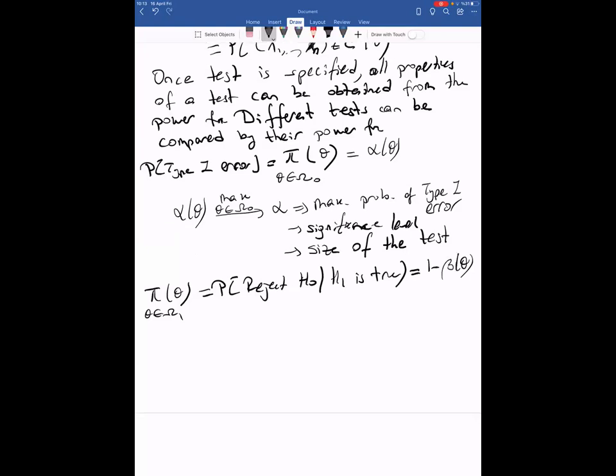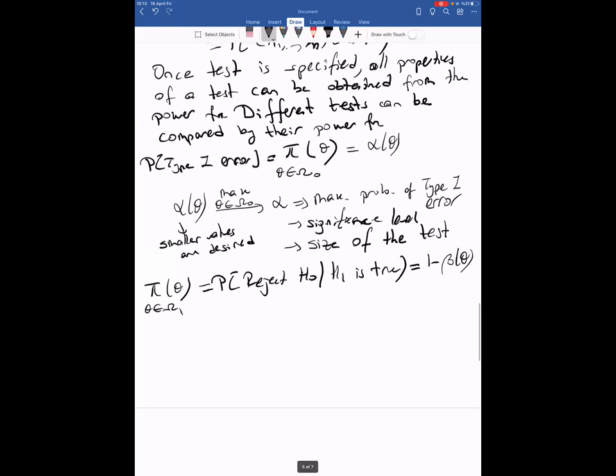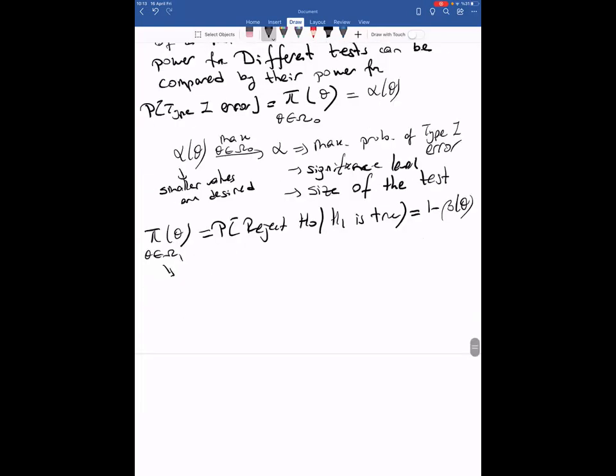For the type 1 error, smaller values are desired because it is the probability of error. But in this case, larger values are desired.